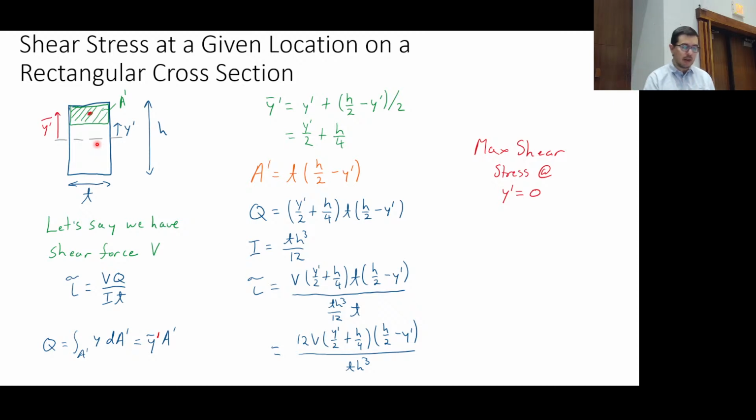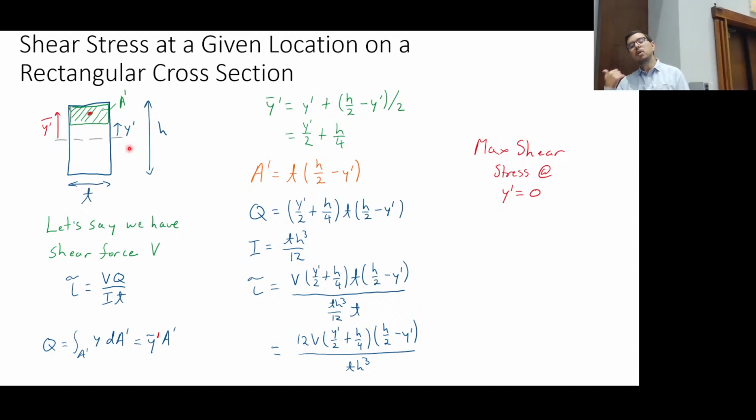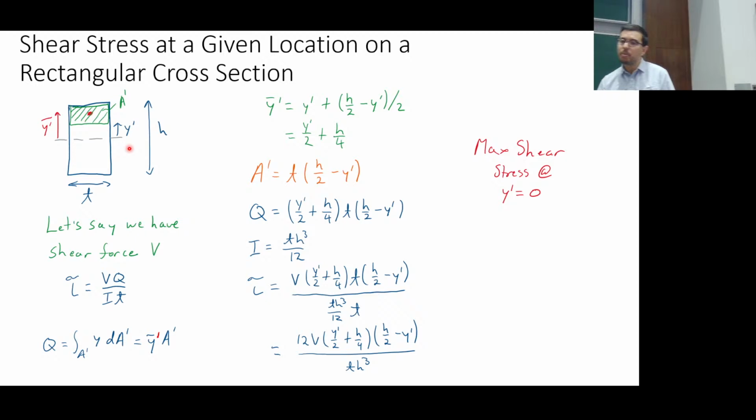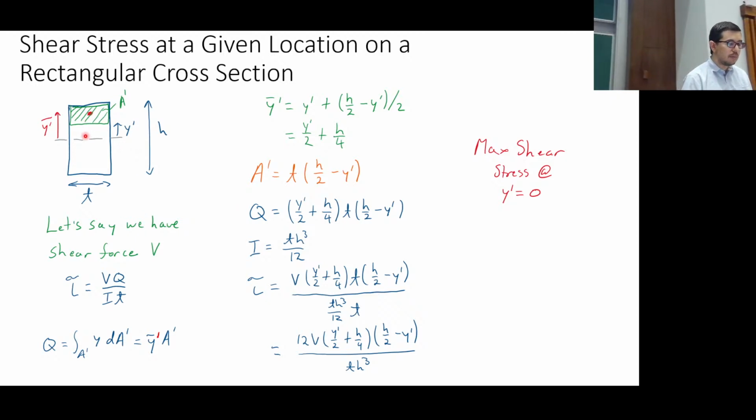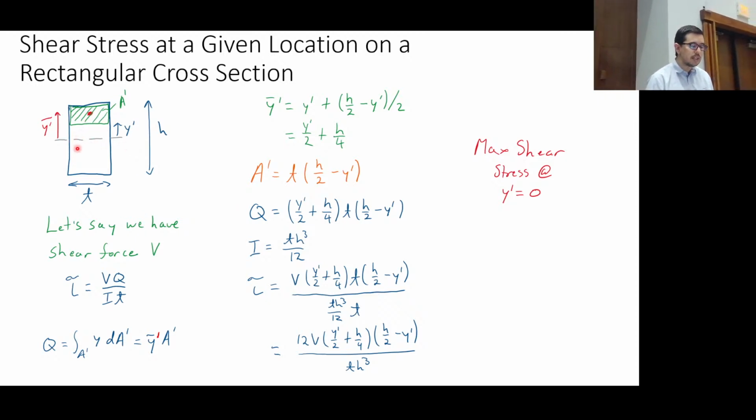The others care about height, but the only thing that cares about y prime is the q, and that q is going to be maximum when you're at the neutral axis. You have the most area. Your a prime is going to be the largest, because the area will be essentially half the height times the width, t.